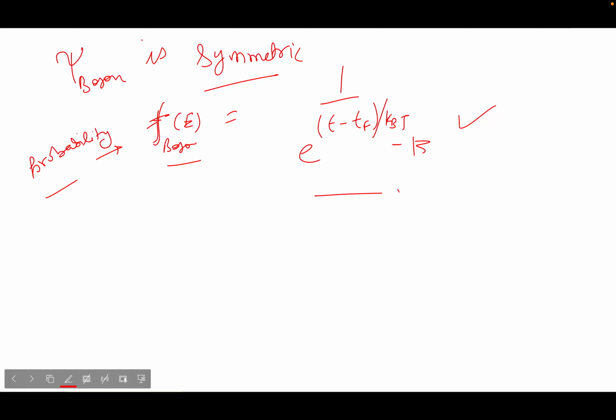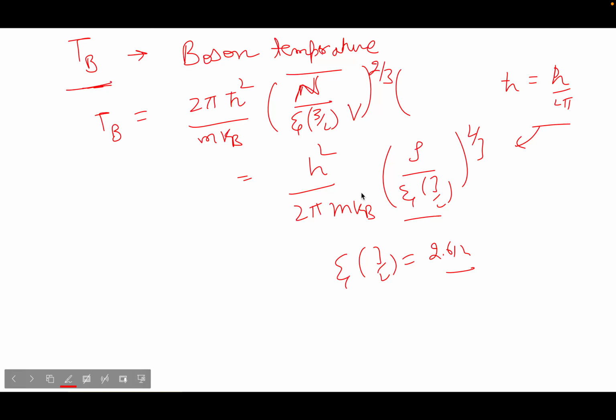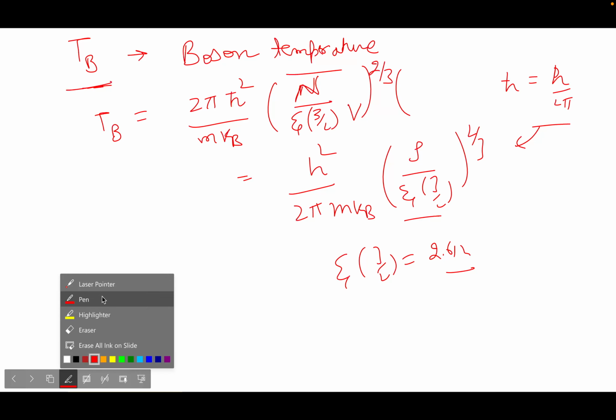Now we will discuss some other formulas. Total population: we will discuss the total population above T_B and below T_B.